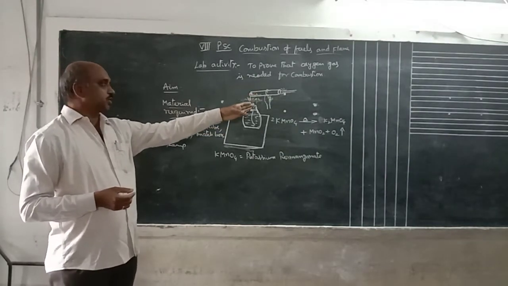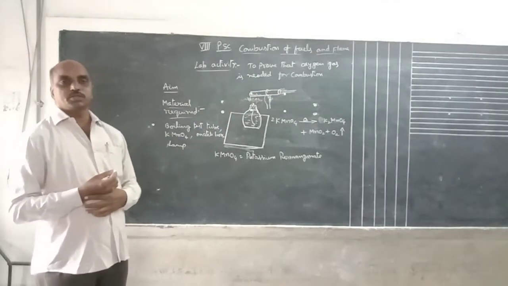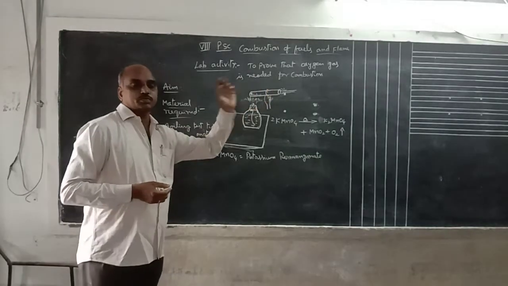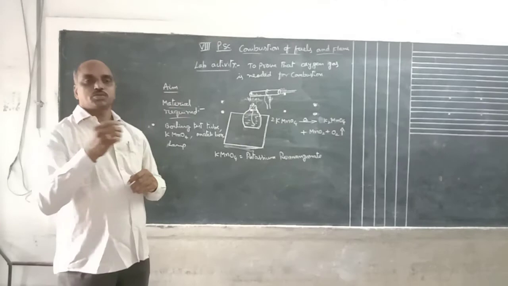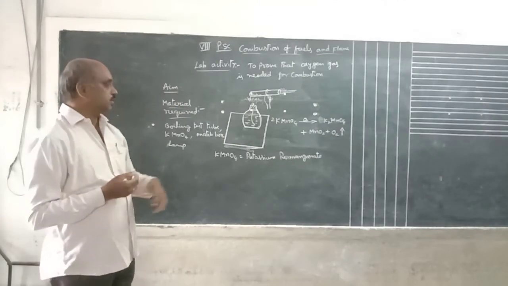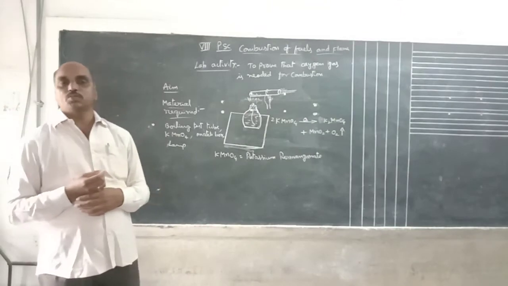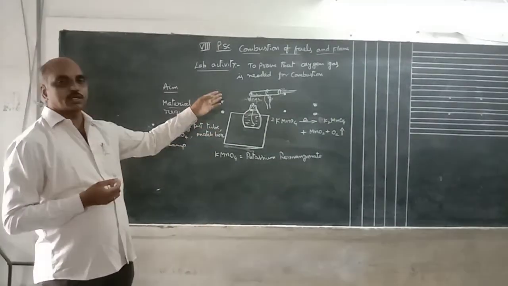Keep the test tube over the flame of the burner. Slowly some gas is evolved from this test tube. At that time, introduce a burning splinter near the mouth of the boiling test tube.